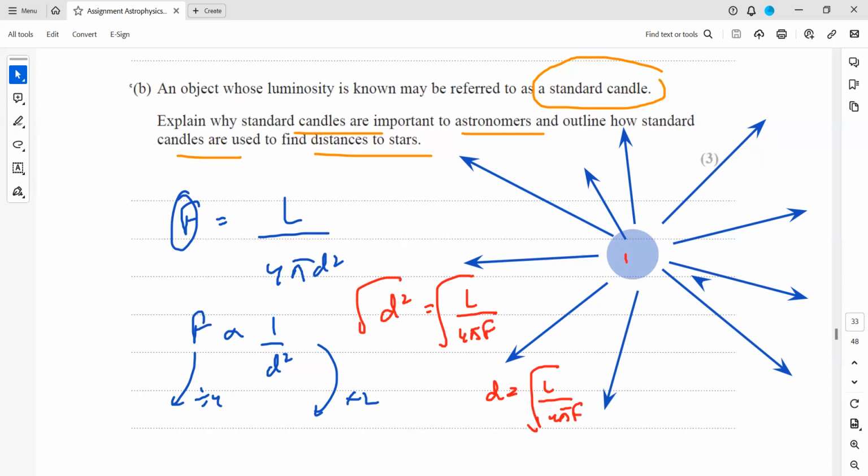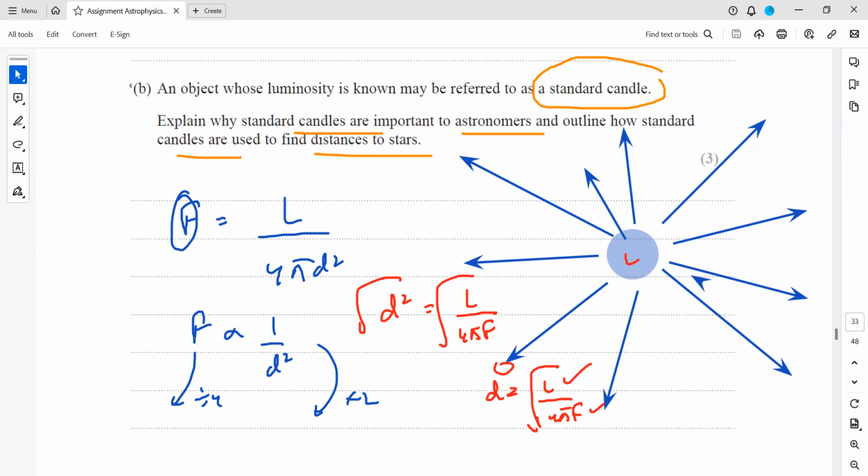Luminosity is already known, because when we say a standard candle, it means we know its luminosity. Flux we can calculate, we can measure the brightness or flux or intensity for the star. And 4 pi is a constant, so we can determine at what distance this star is from us.